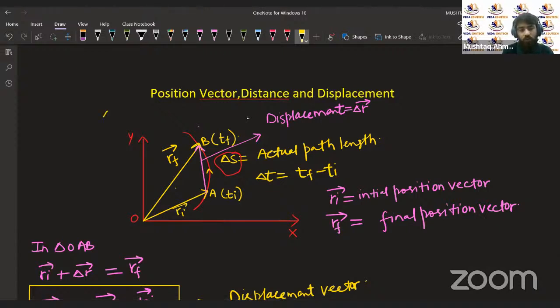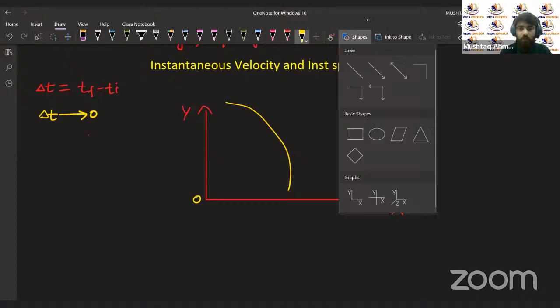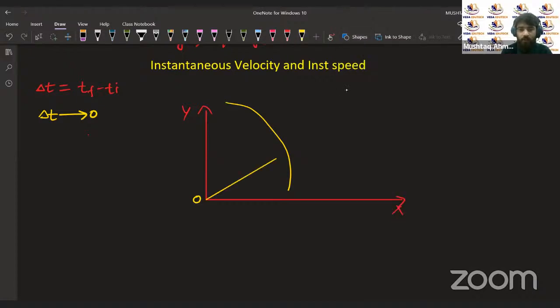When delta t approaches 0, the points A and B are going to coincide at this point, so the chord AB on this curve will become the tangent at point A. This was our point A, and our point B is also going to coincide at this point.